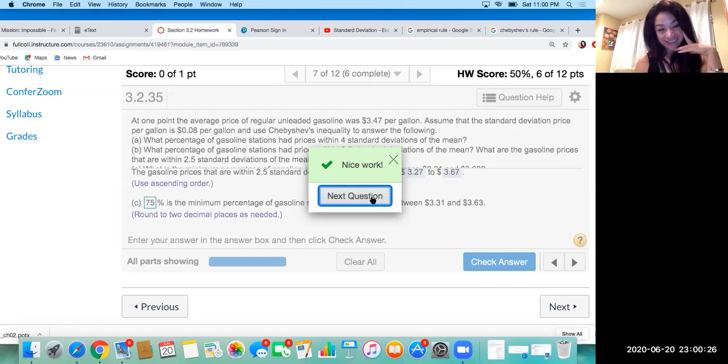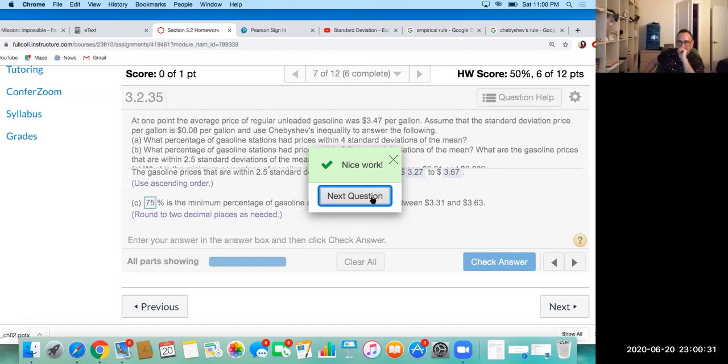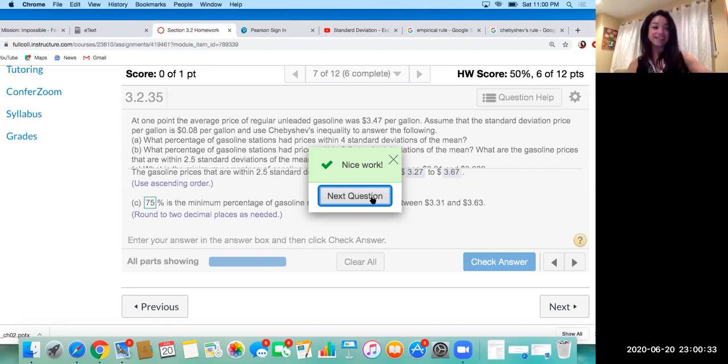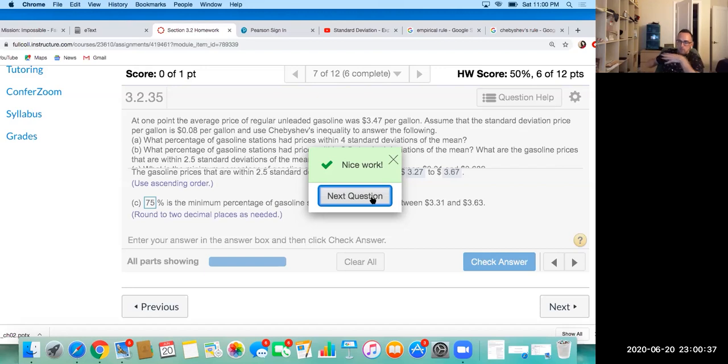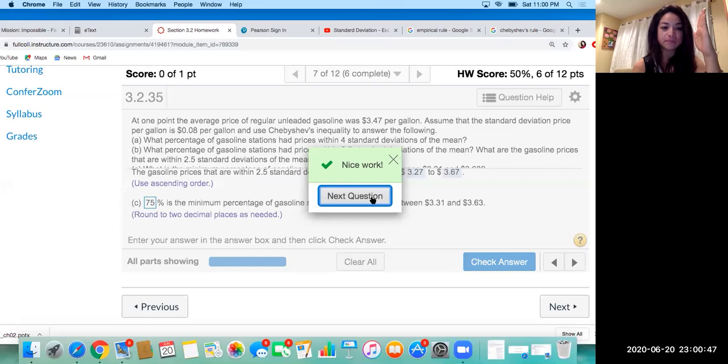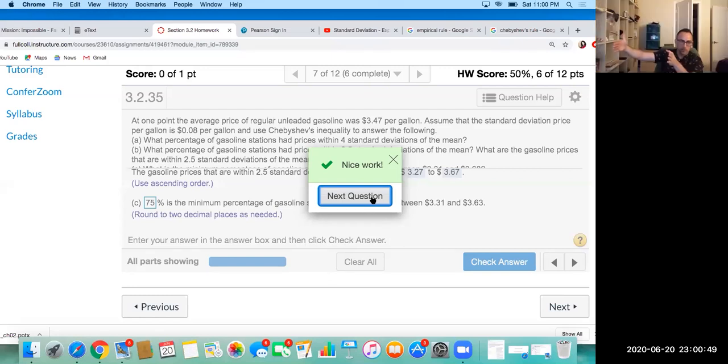Okay, so you see what happened? No. I'll explain what I did. It was 2 standard deviations, right? I noticed that because in my mind I knew that 3.47 was the center, and then 3.63 was the end. So I just subtracted and I got 16 cents.